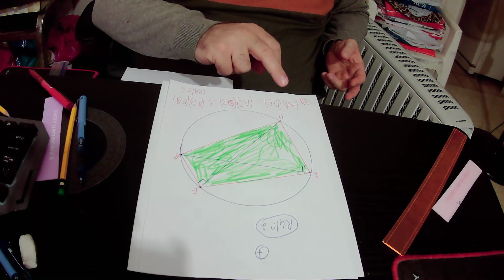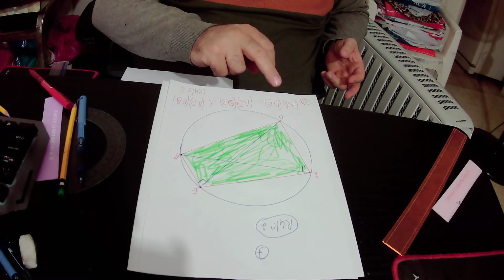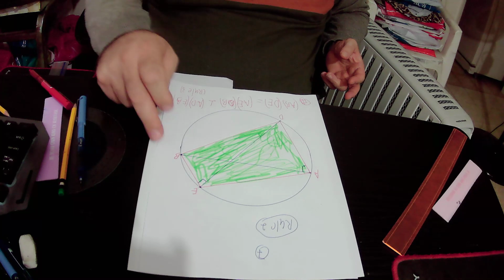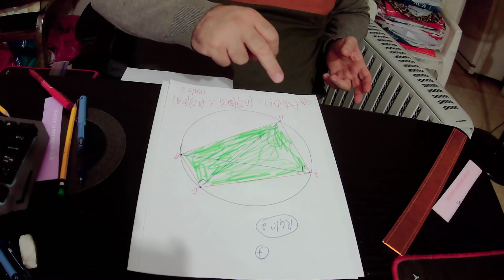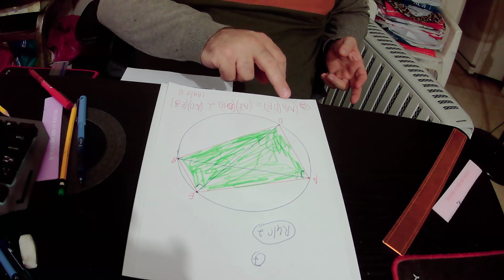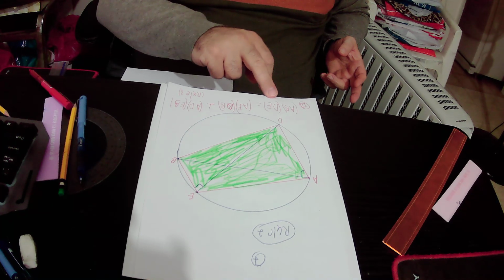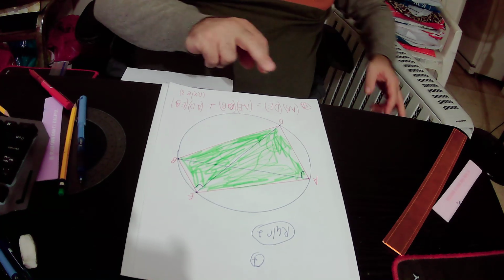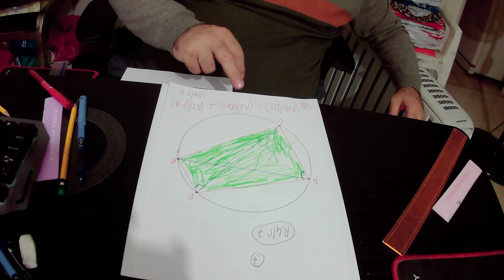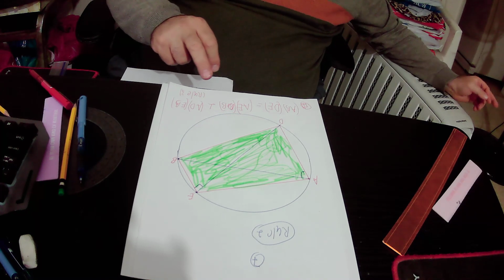So AB times DE, the product of its diagonals, equals the sum of the products of its opposite sides.